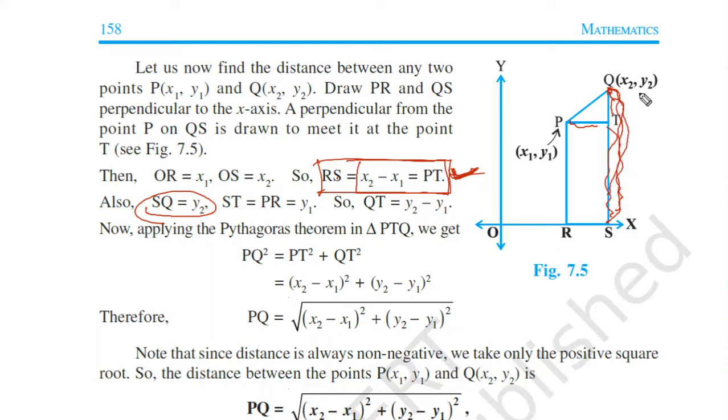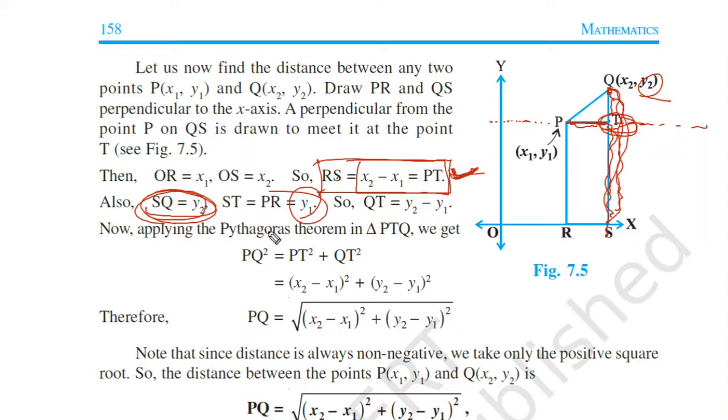What is the y coordinate? Y2. So SQ will be equal to Y2. Similarly, the length of ST will be the y coordinate at point T. You see, the y coordinate at this point is Y1. At every point on this line, the y coordinate is Y1. Therefore the length of ST will be equal to Y1.